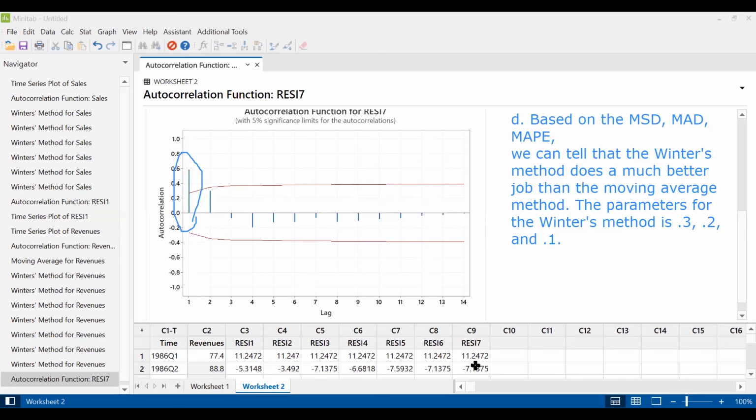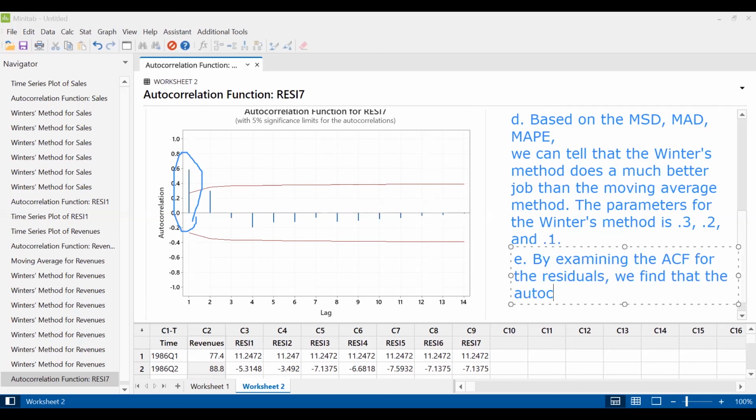So for part E, we're gonna say, by examining the ACF for the residuals, we find that the autocorrelation for the first lag turns out to be significant.